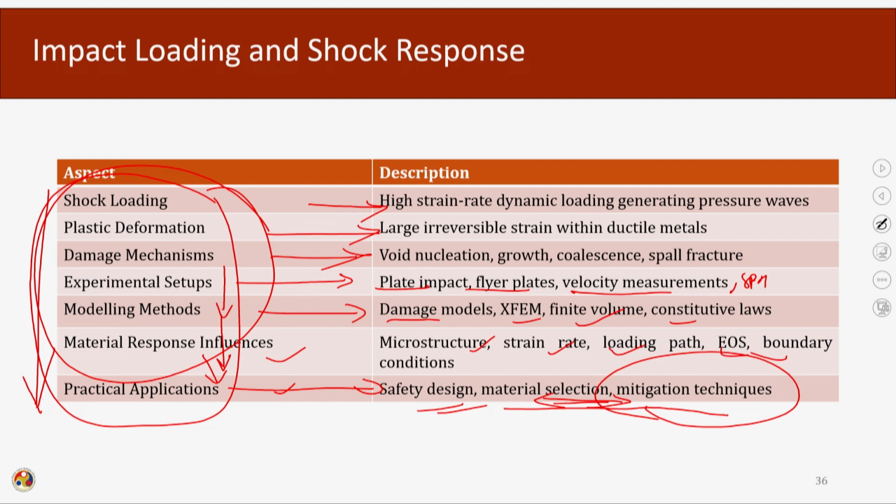So, these are the different aspects that need to be catered for this type of loading.